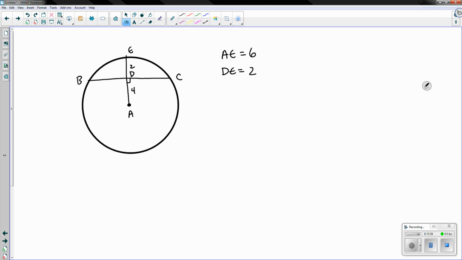Now, how can we find the length of the chord BC? Well, here's what we can do. Again, what I was saying is you can draw in your own radius because you know from center to any point on the circle is always the same length. So you know that this is 6. Then you could do Pythagorean theorem to get CD. And if you know CD, you know BC because all you have to do is double it.